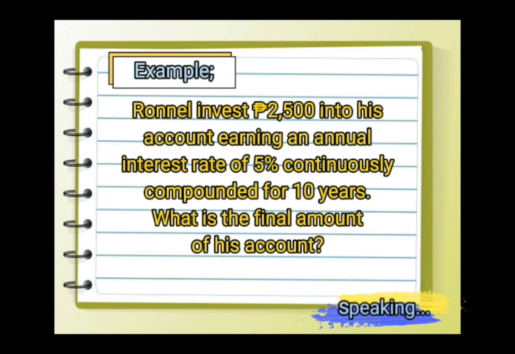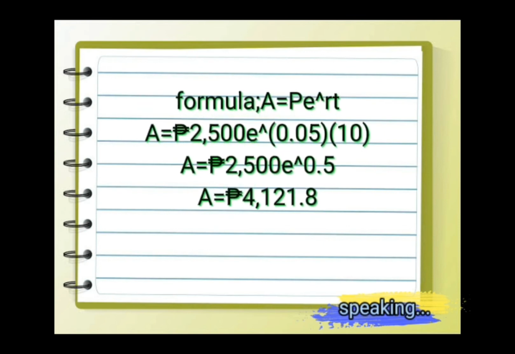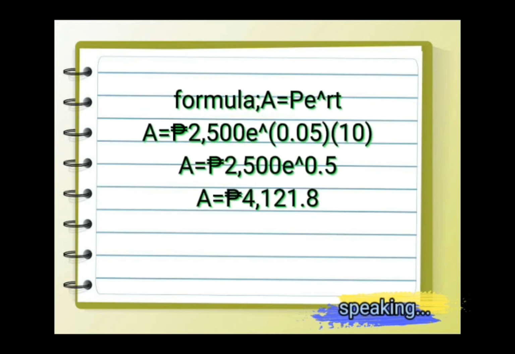Here, we are going to use the formula A equals P times e raised to rt because it has a continuous interest rate. We will substitute all of our given numbers in the formula. So, we have A equals 2,500 pesos as the initial amount, or P, multiplied by e raised to 0.05 for the interest rate times 10 for 10 years.